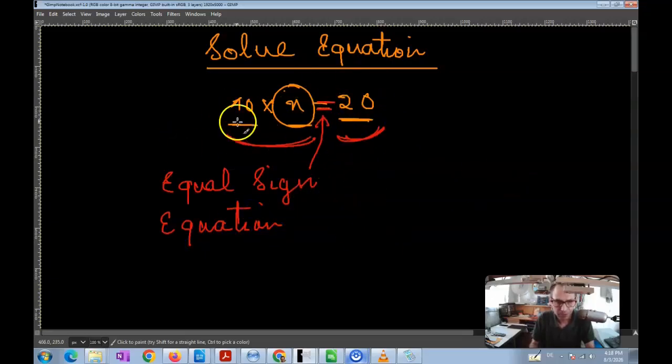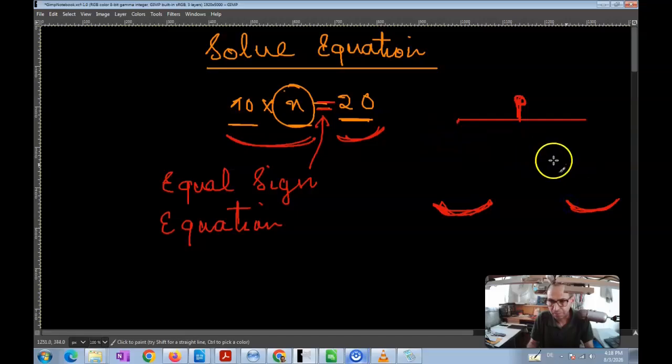Now you can think of this as a balance with two balls. Let's say that this is a balance, and I have this ball over here, and this ball over here, and I have a thread over here, another thread.